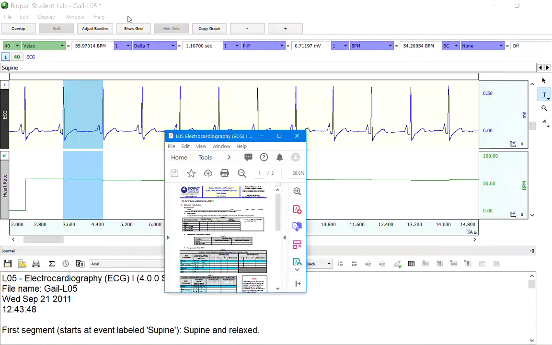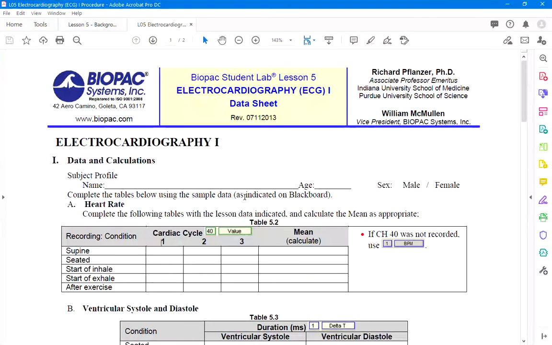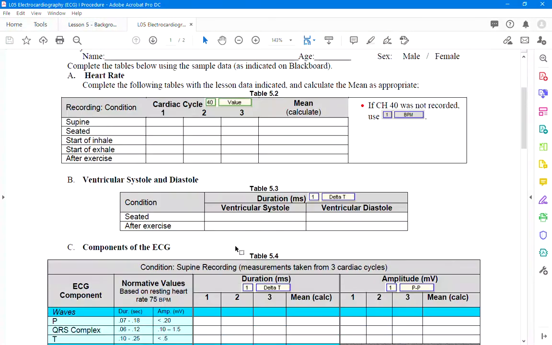If we were using Gale, this would be our first cardiac cycle. This would be the first data that we would record, 40 value, 55.97. And that's what we see here, 40 value, we would write that value right down there. You'd go through the seated, the start of inhale, the start of exhale, and the post-exercise, complete your cardiac cycle 1, 2, and 3.